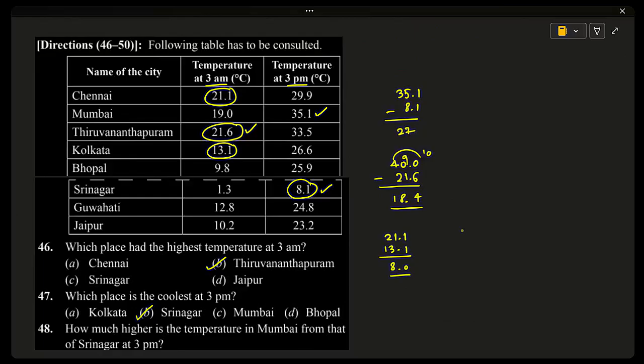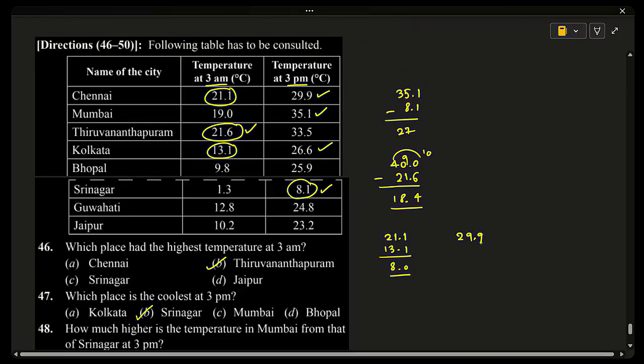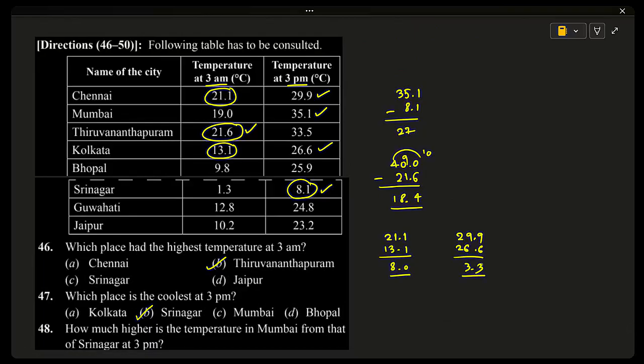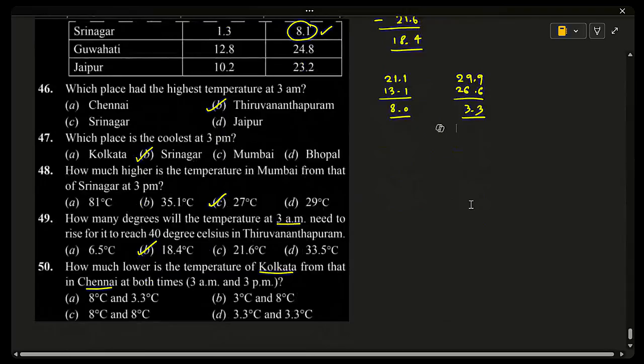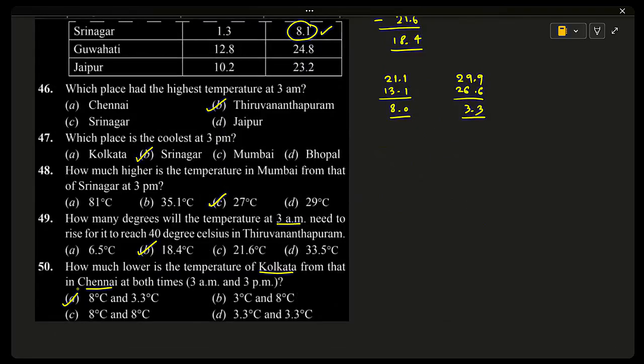And what about 3 p.m.? Chennai 29.9, Kolkata 26.6. 29.9 minus 26.6 gives 3.3. So 8 and 3.3. Option A. So students, this completes our paper discussion on mathematics.